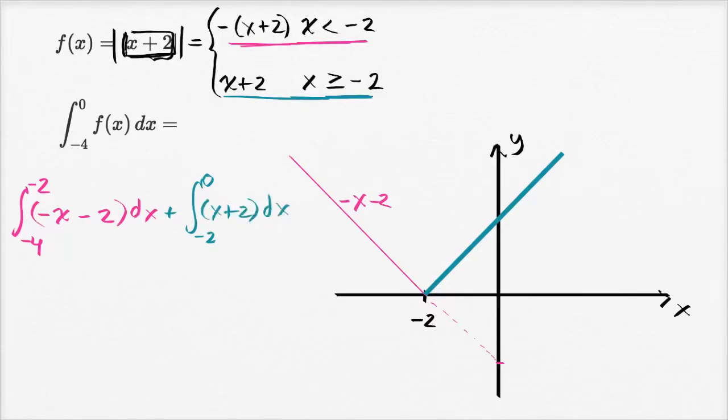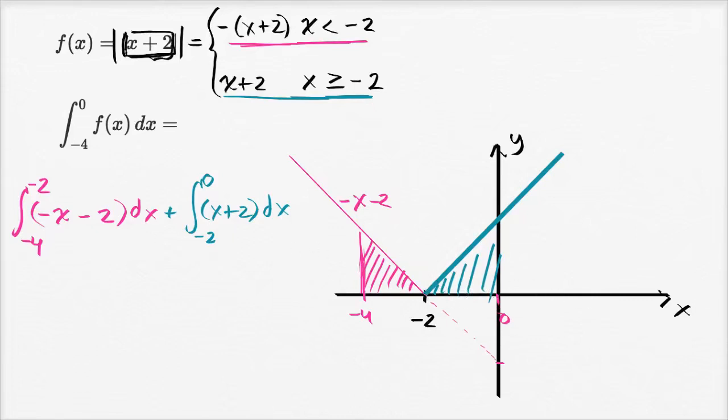And just to make sure we know what we're doing here, if this is -4 right over here, this is 0, that first integral is going to give us this area right over here. What's the area under that line and above the x-axis? And the second integral is going to give us this area right over here between x plus 2 and the x-axis, going from -2 to 0.